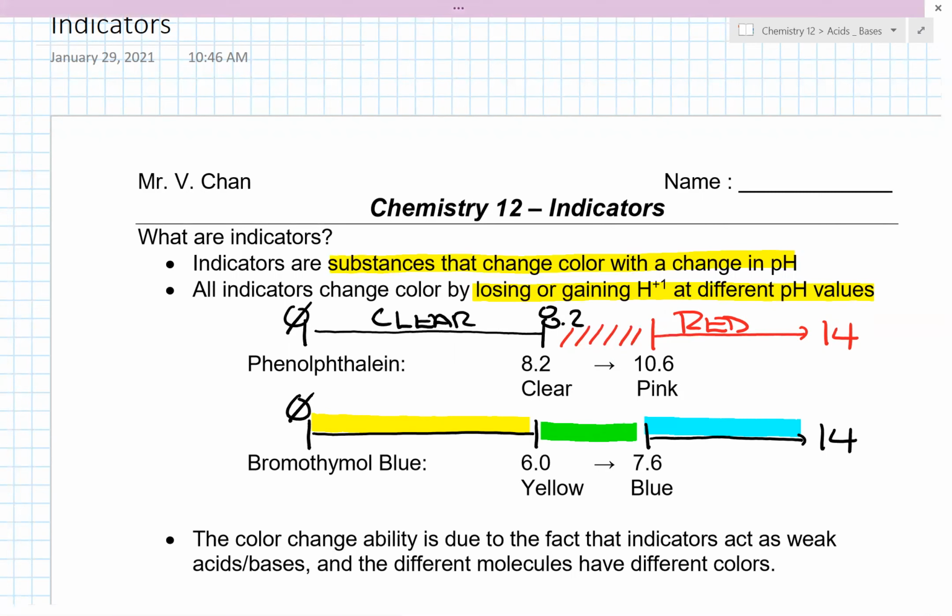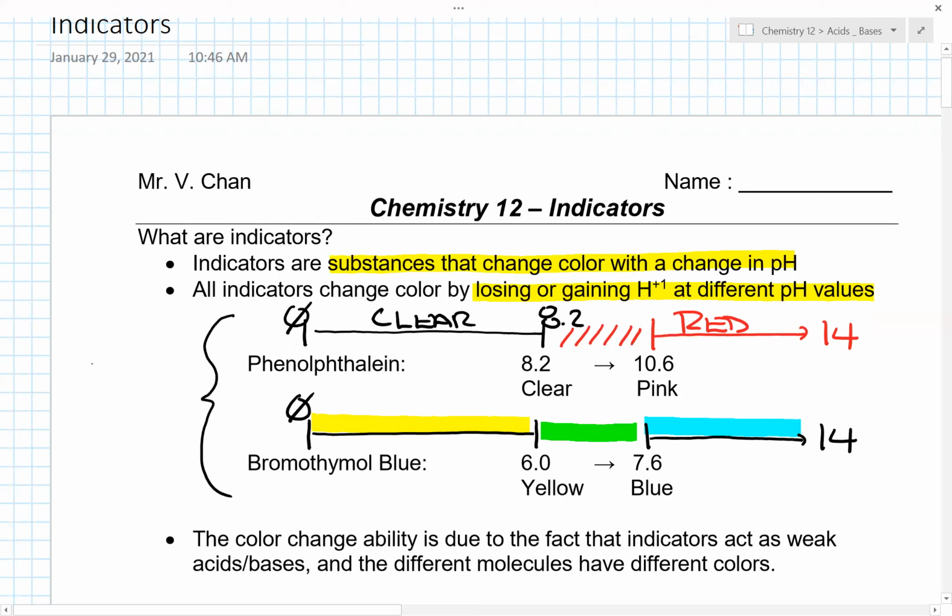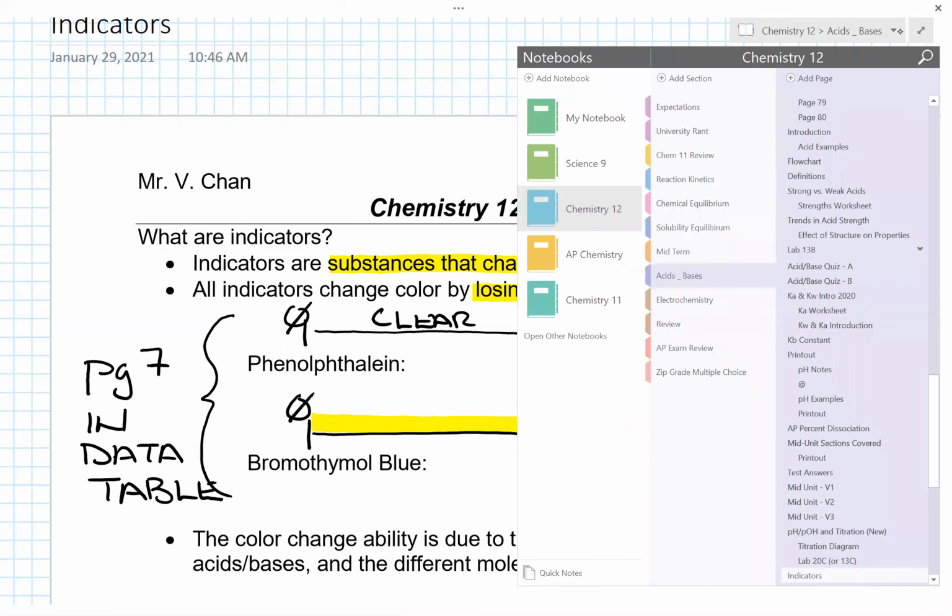Now, if you take a look on page number 7 in the data table, what you're going to see is a whole range of different indicators.